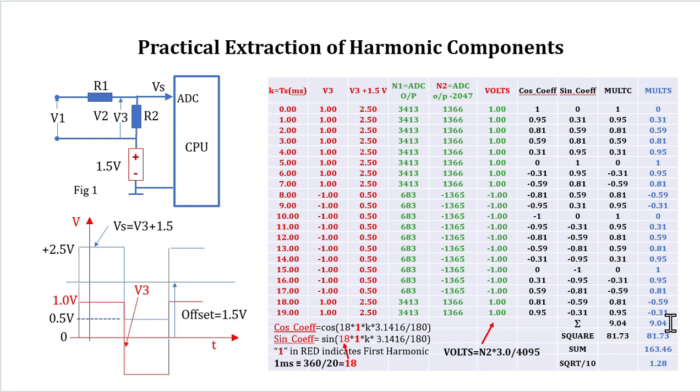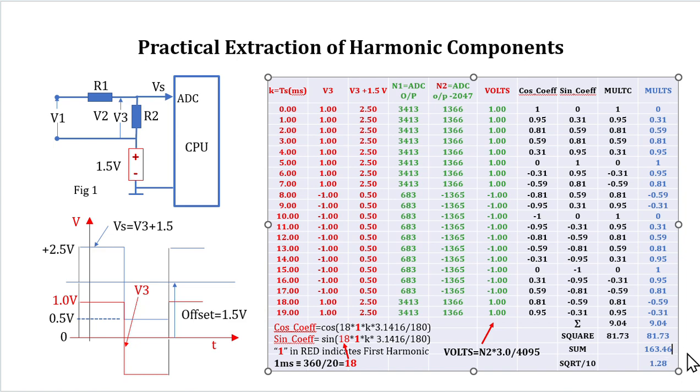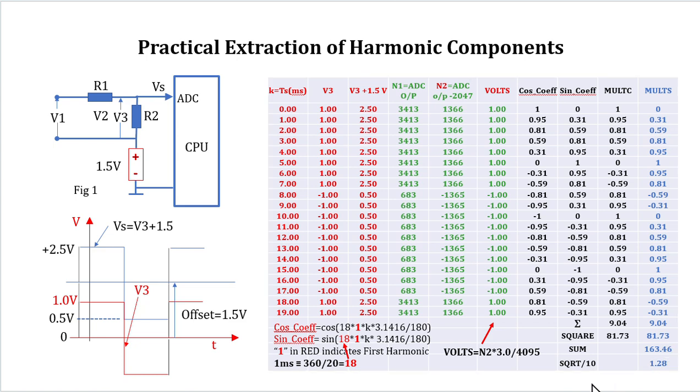Similarly, this 9.04, you get this value on squaring. Then you add this and this. This comes to 163.46. Then you take the square root of 163.46 and divide it by 10. This is the fundamental component value extracted from a square wave, right?